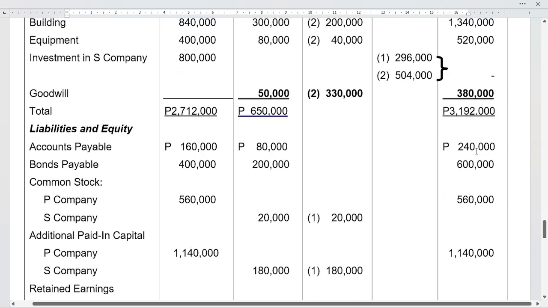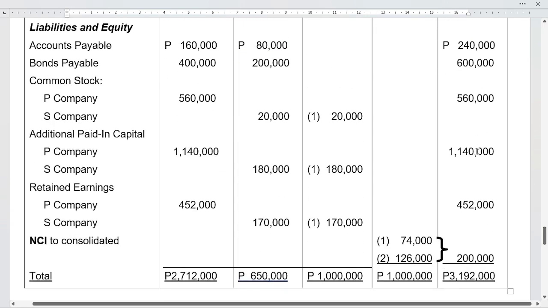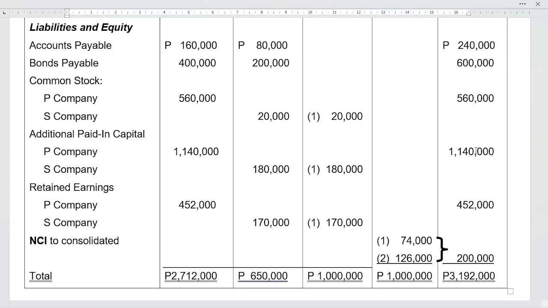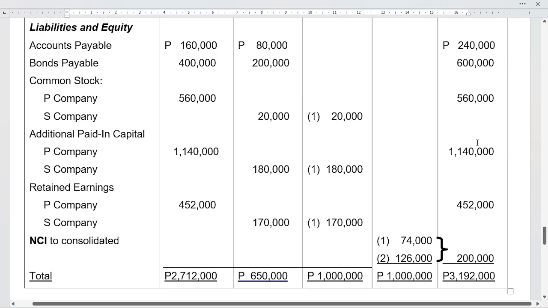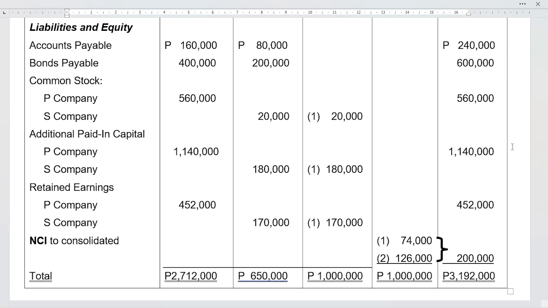For the liabilities and equity, accounts payable has an amount of 160,000 for P company and 80,000 for S company. Bonds payable has a value of 400,000 for P company and 200,000 for S company. For the common stock, P company has 560,000 while S company has 20,000.